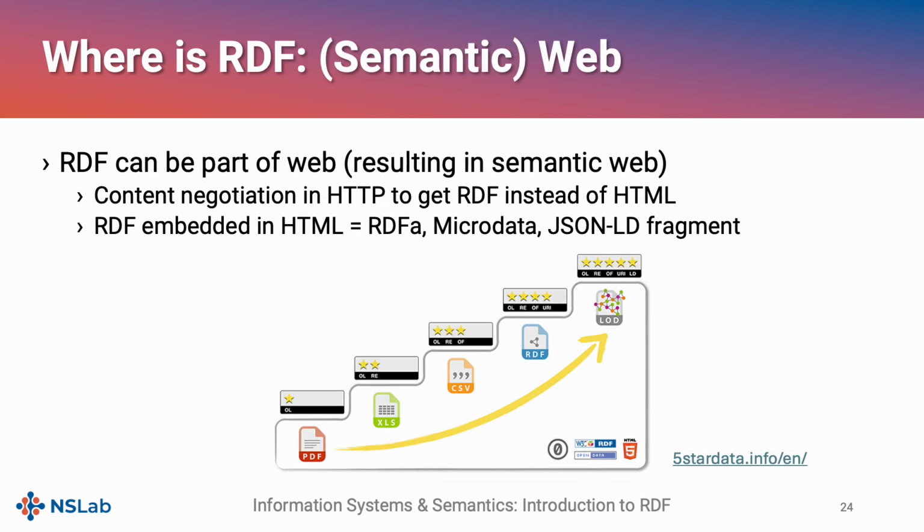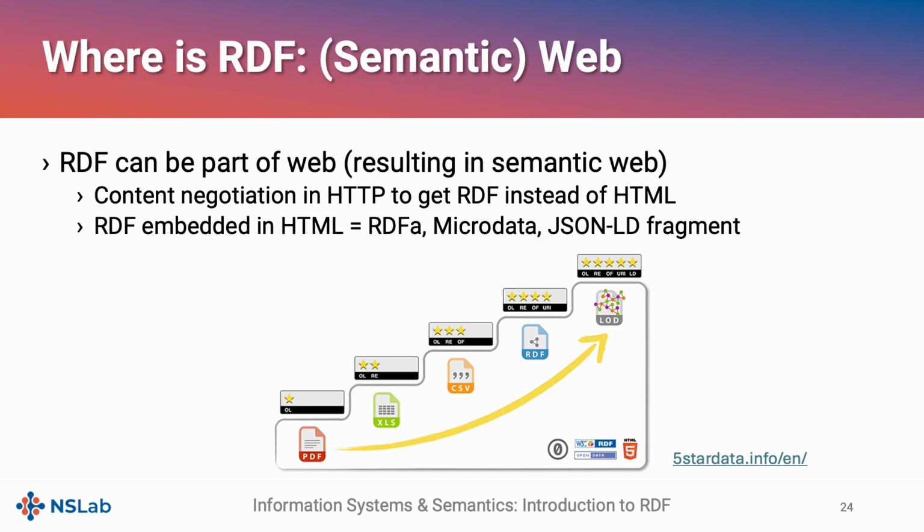And one of the other main use cases for RDF is of course the semantic web. We've seen in RDFa, but also JSON-LD, that RDF can be part of websites or web pages. And actually there are two main ways RDF can be used. You can have an API or a service that does content negotiation using HTTP.